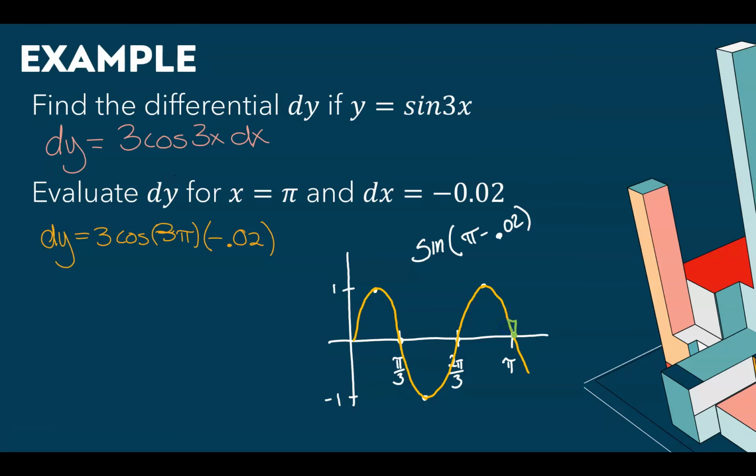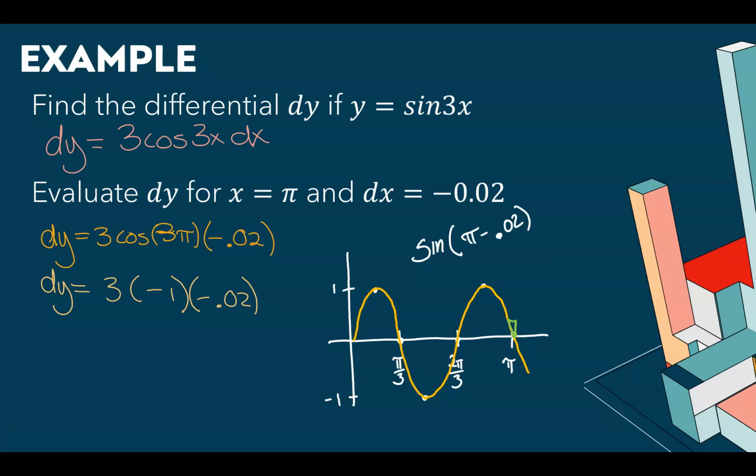Okay, anyways, so we put in pi, 3 cosine of 3 pi times negative 0.2. And we evaluate, cosine of 3 pi is negative 1. Yeah. Is that right? That's not right. Sine of 3 pi is negative 1.